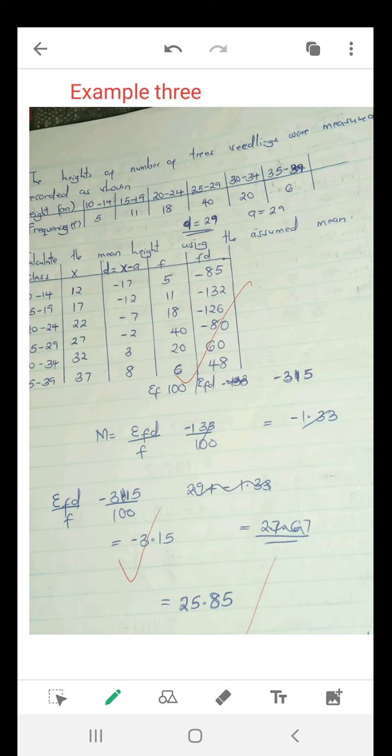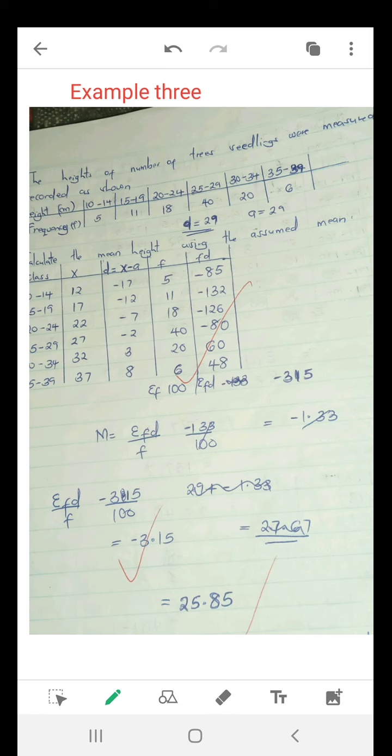This data has been given in groups, because there are so many seedlings that they cannot write the height of each one.